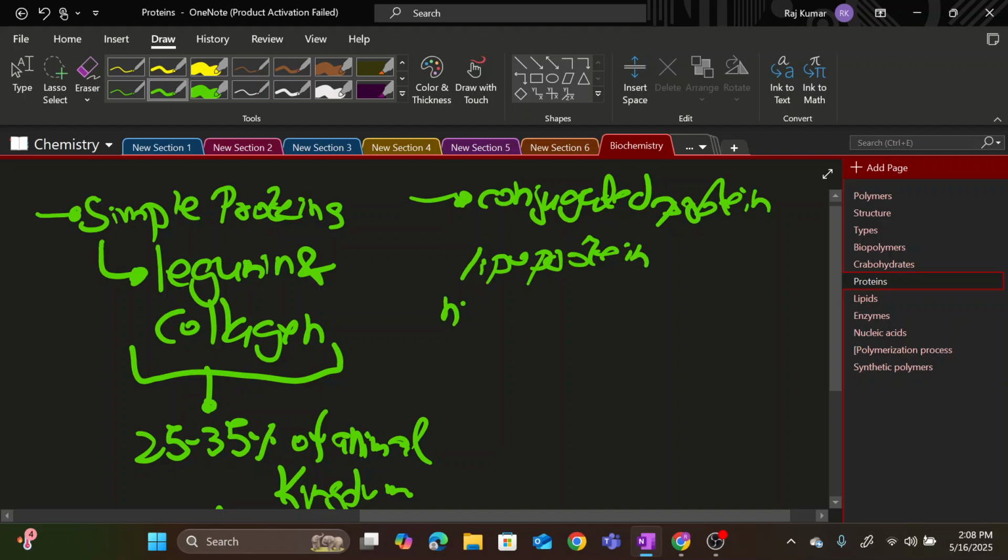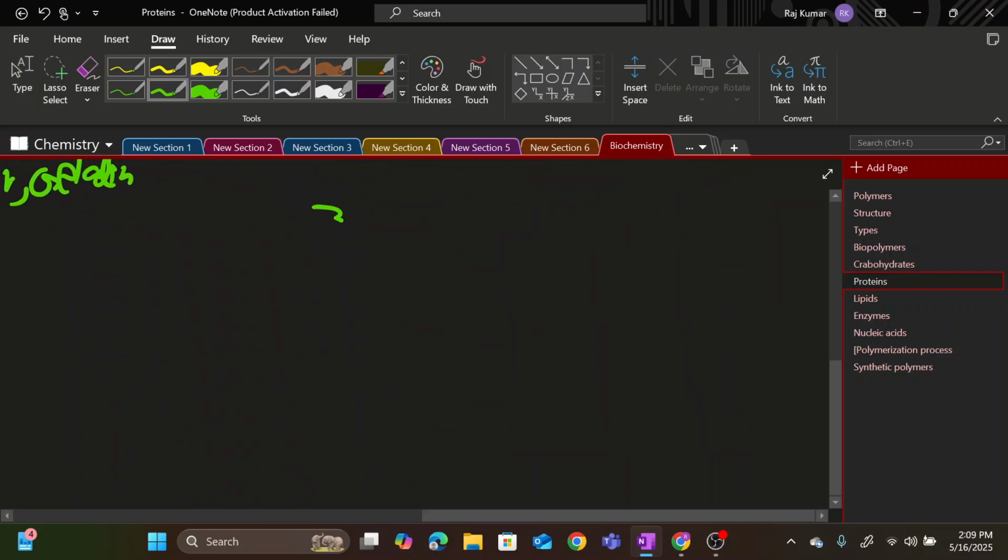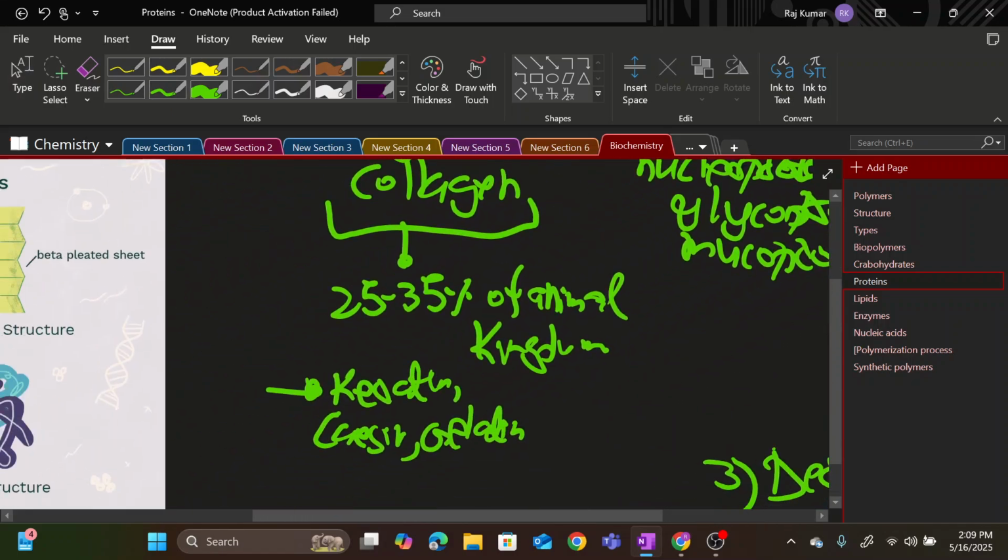There is nucleoprotein, glycoprotein, mucoprotein, and in that way there are different types of proteins. On the other side, there is a derived protein as well. When we derive a protein from these sources, we get a derived protein, because they are derived from the simple and conjugated proteins.